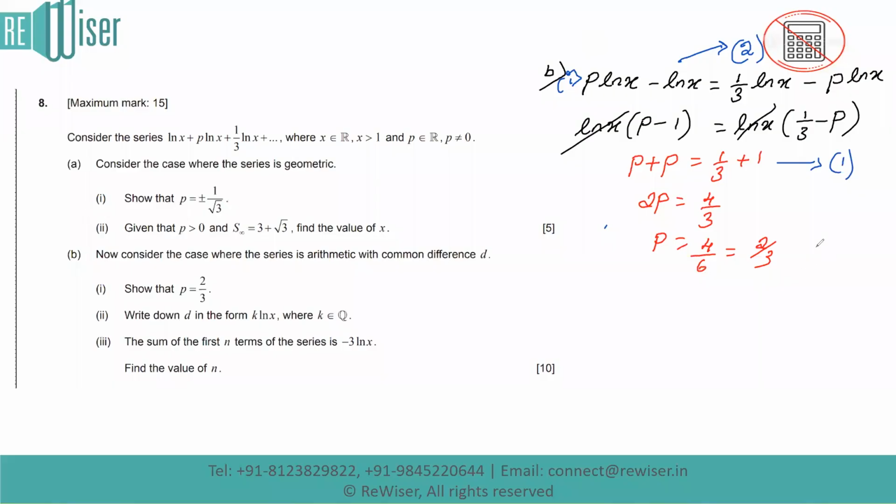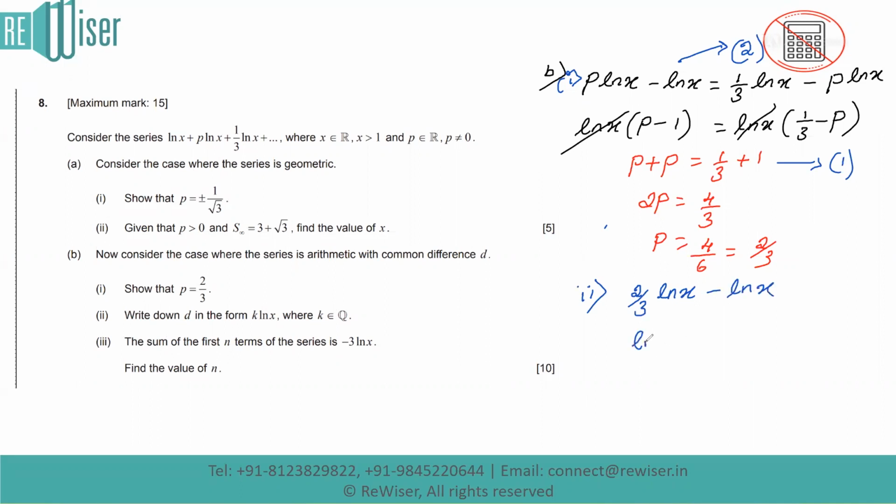For part 2, we are talking about: write down the value of d in the form of k into ln x, where d is the common difference. The common difference is the second term minus the first term. The second term is p into ln x, and p is nothing but 2 by 3 ln x, minus the first term, which is just ln x.